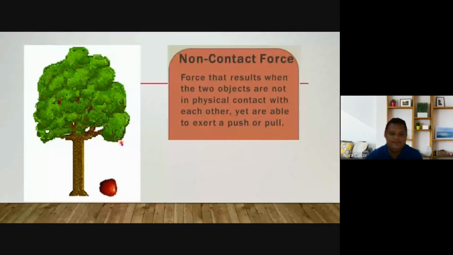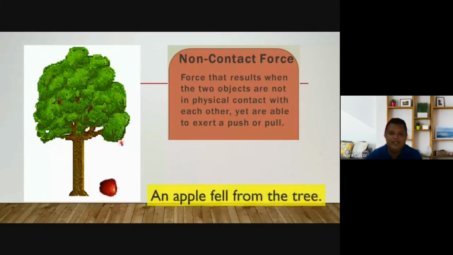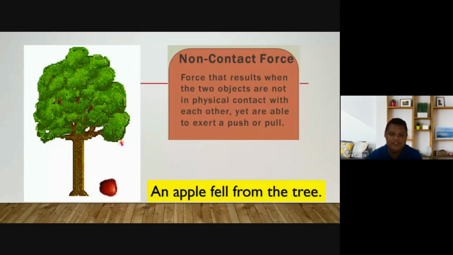For example, when the apple fell from the tree, it fell because of the force that we call gravity. The apple fell down to the ground because of the gravitational force. So this is an example of non-contact force.